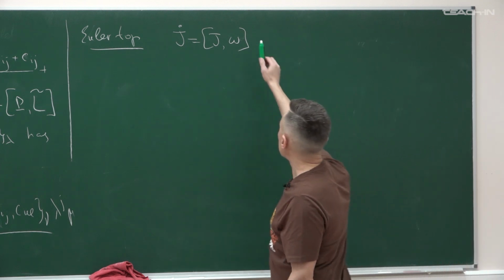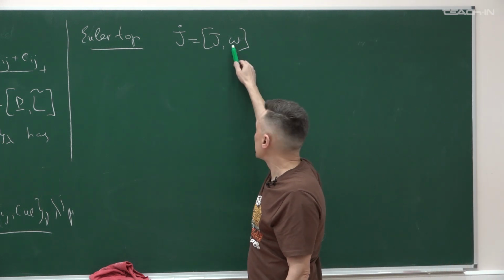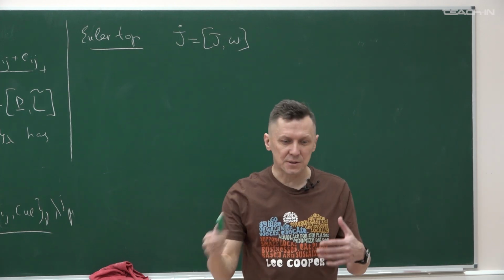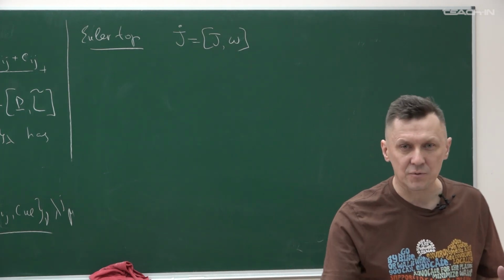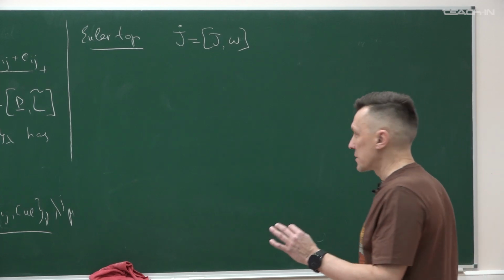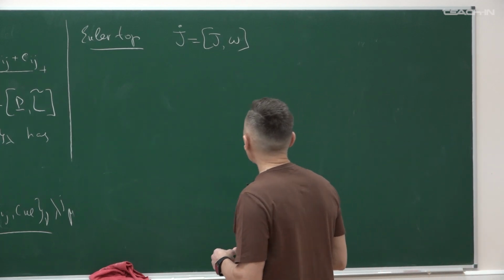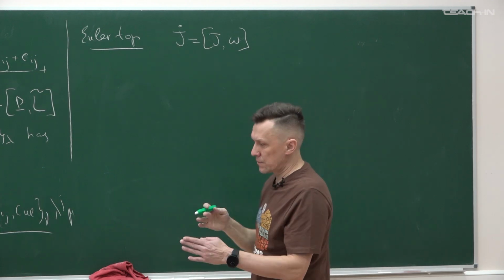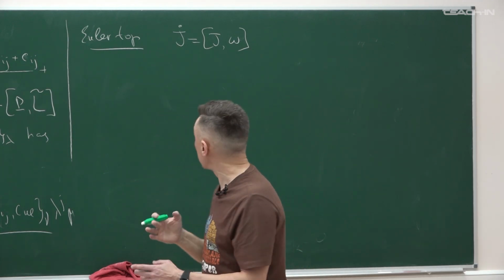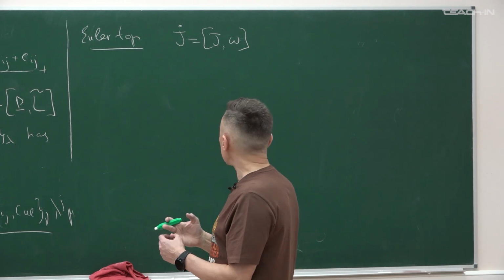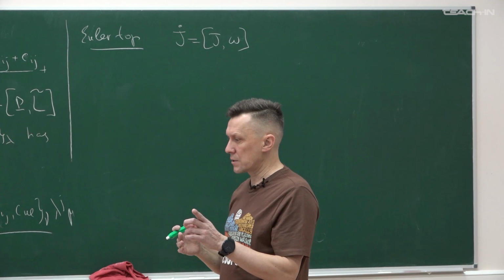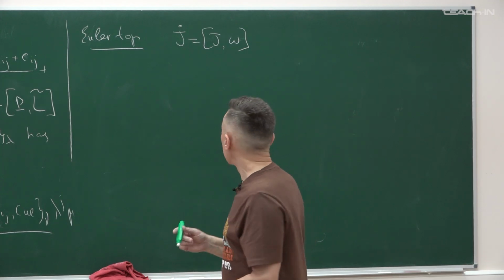So this is an angular velocity, this is an angular momentum, and the system describes the rotation of the rigid body with a fixed point. And there is some simplification if we write it in the coordinate system of the inertia tensor of the body.